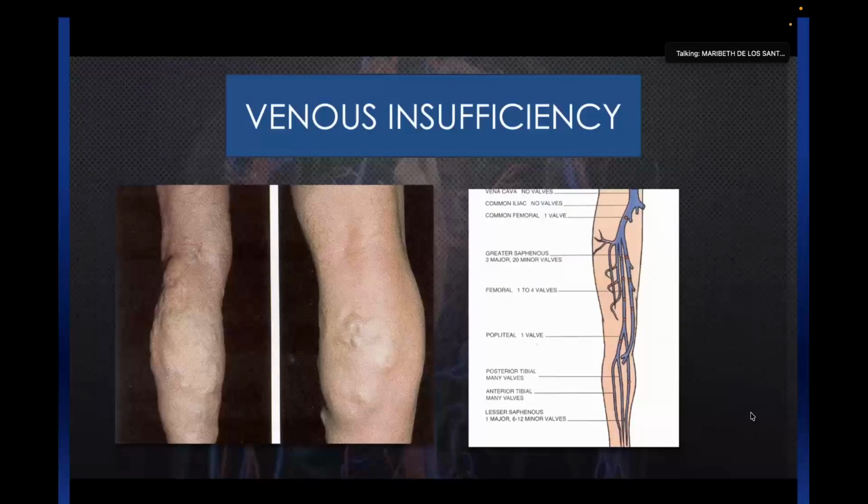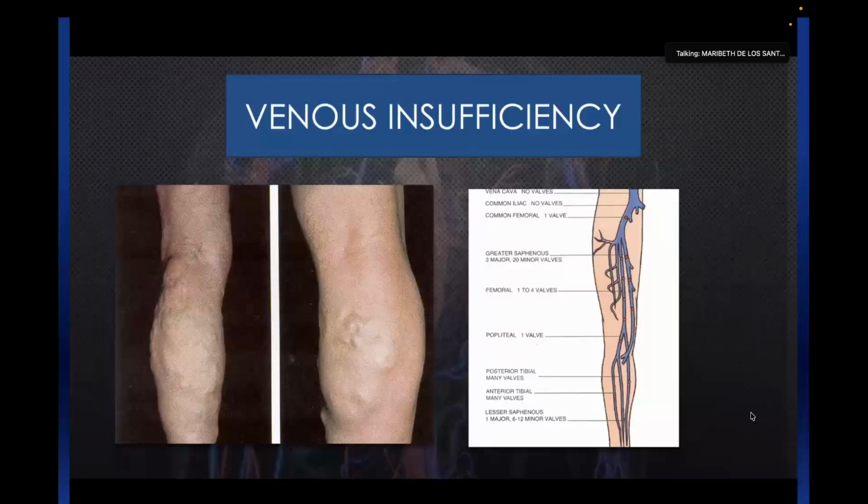We now go to venous insufficiency. So you see the enlarged and tortuous superficial veins of the greater saphenous and the lesser saphenous veins. And to your right are the deep and the superficial veins of the lower extremity.